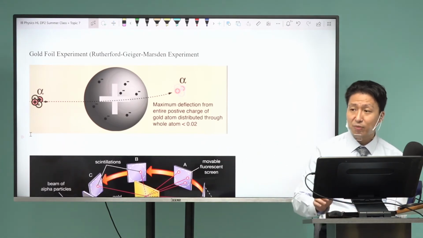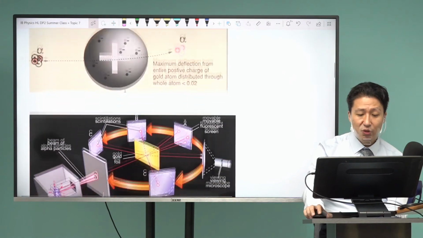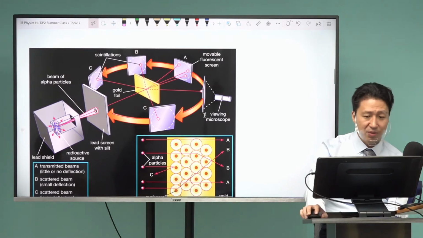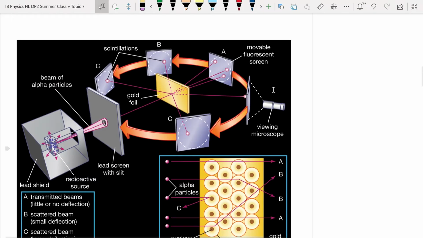So they conducted this experiment, and as most of you know right now, you have detectors all around it, right? And actually it's not all around it. This detector is movable in a full circle all around it, so you can detect the angles, right? Every time an alpha particle hits this detector, it shows a small flash of light, and it can be viewed through a microscope.